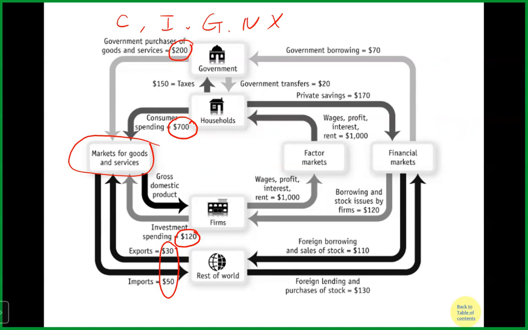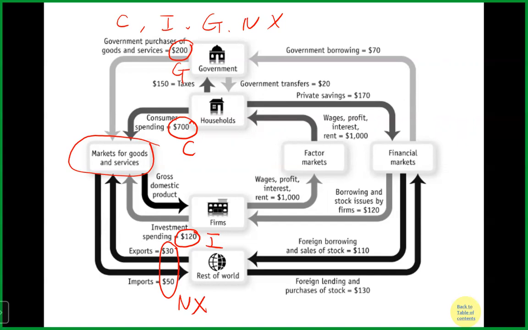Right? And then so we can add them together. Let's label them. This is C, this is G, this is I, and these two give you net export.